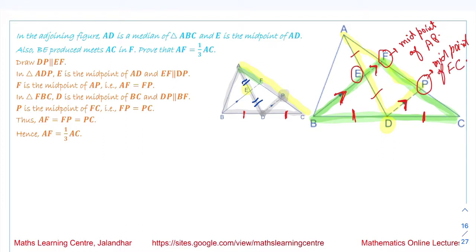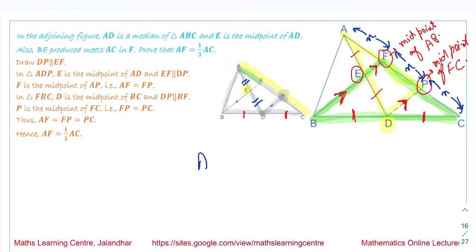So what this means is, suppose I say this length AF is x, then this F is the midpoint of AP. It means this length is also x, and P is the midpoint of FC. It means this length is also x.